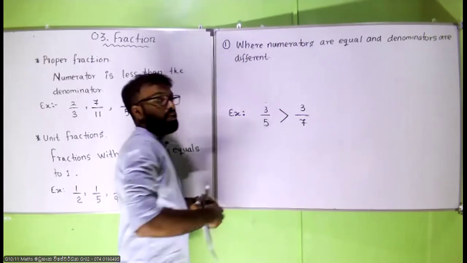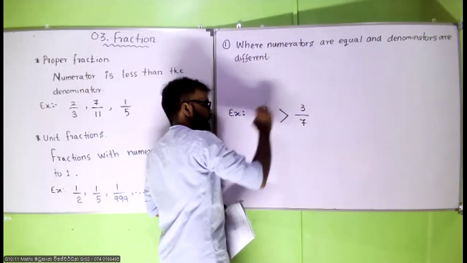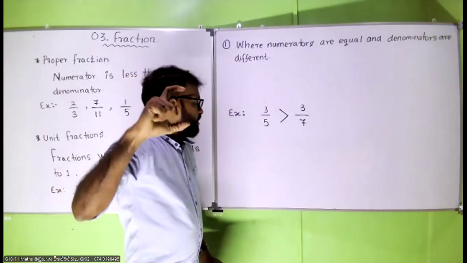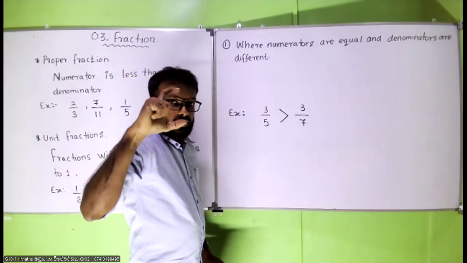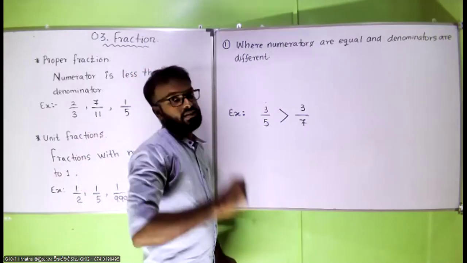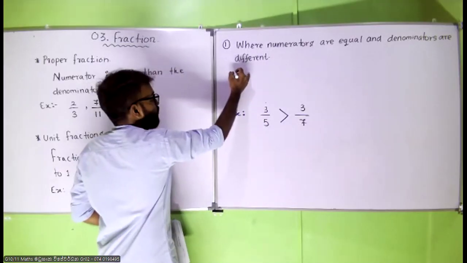The important thing you need to remember is, when you have equal numerators and different denominators, the fraction with the smallest denominator is the biggest, or the largest. So that is one of the important things you need to remember.